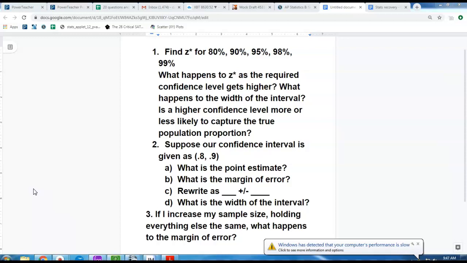So let me throw another one up here. Let's say it's 0.4 to 0.6. Answer those exact same questions with 0.4 to 0.6. So you want to start with the width. When you cut the width in half, that gives you the margin of error. And then you can work from there to get your point estimate.